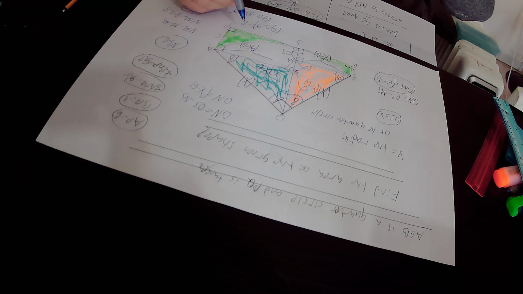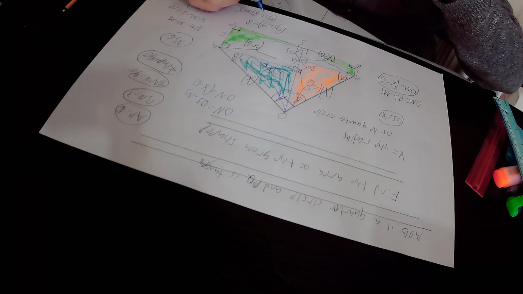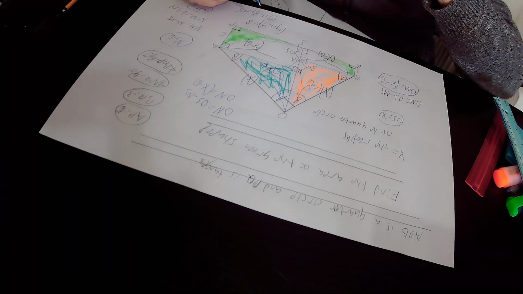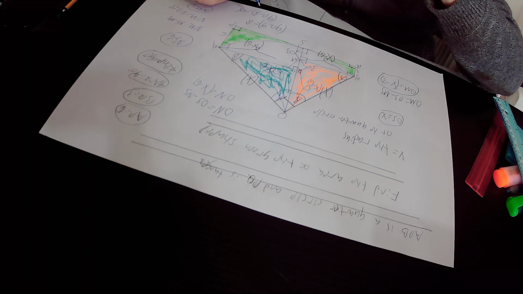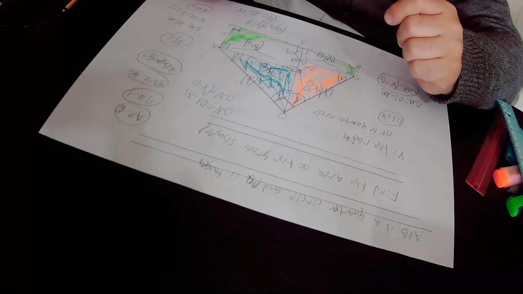So, in the next step, we will implement the Pythagoras theorem on the orange triangle, triangle ONA.